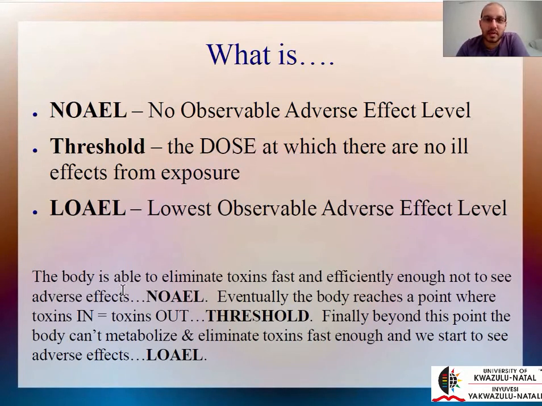Okay, so remember, as mammals, our bodies do have a certain system of removing toxins. And if the dosages of certain chemicals are low enough, our body can remove those toxins fast enough and efficiently enough so that our body doesn't experience any adverse effects. Okay, so that's no observable adverse effect.